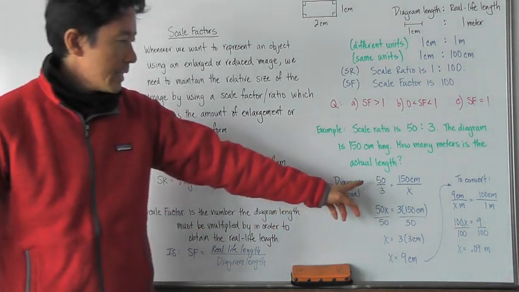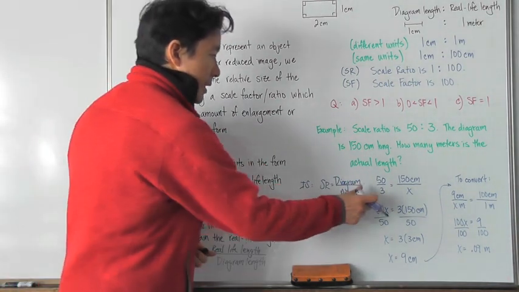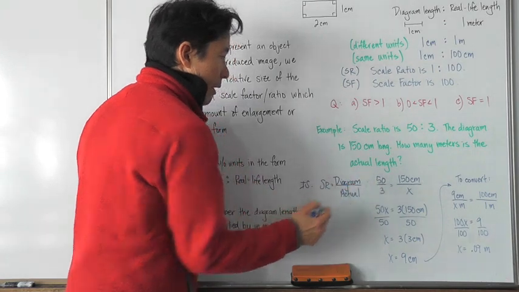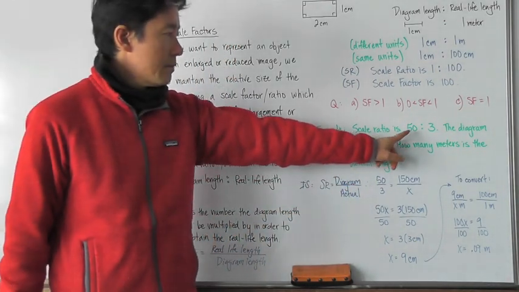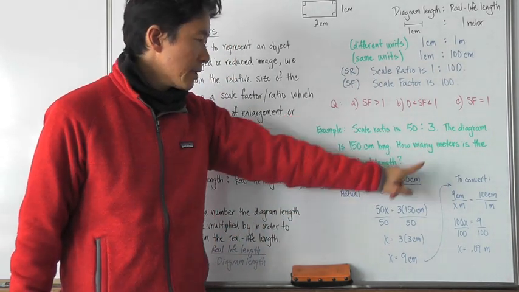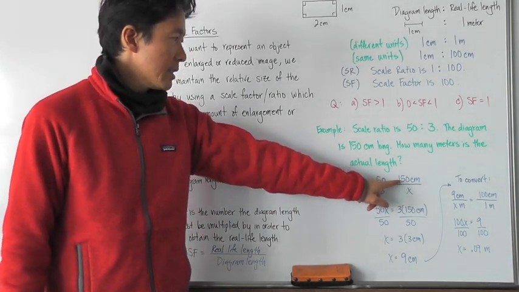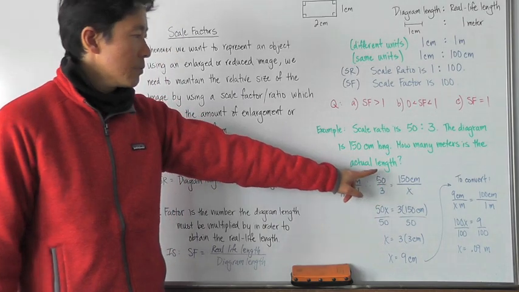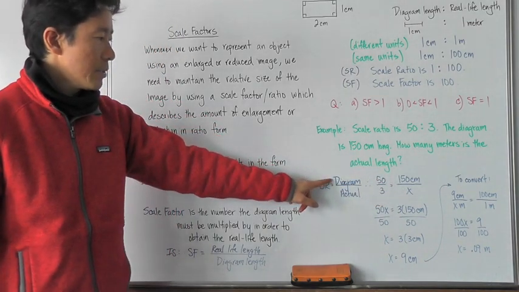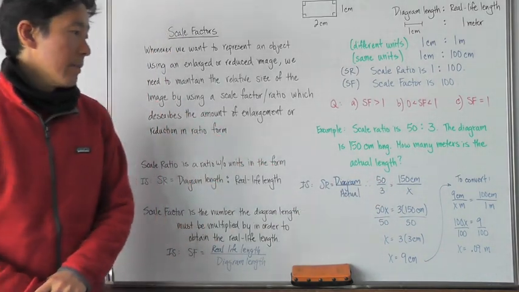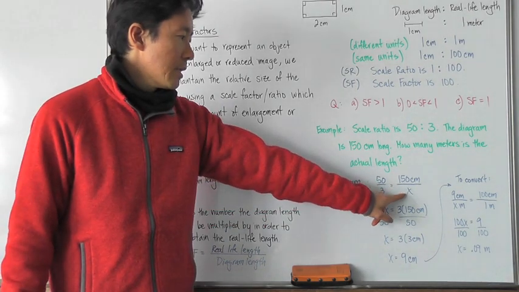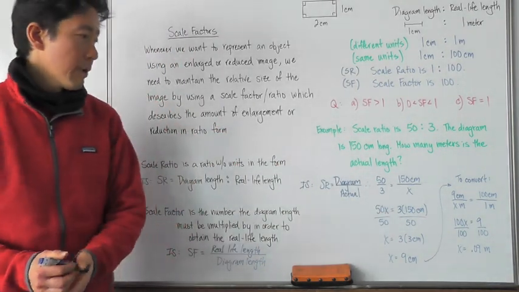So 50 to 3, which is the diagram length to the actual length, is going to be equal to 150 centimeters over x, because 150 centimeters represents the diagram length, and x represents the actual length, which is what we're looking for.